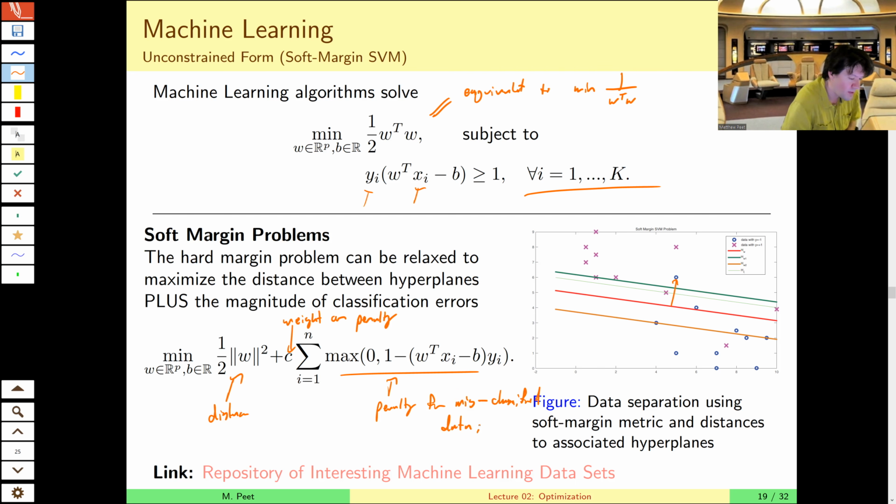Well, now it's sort of an unconstrained optimization, because we've moved this constraint. It's no longer a hard constraint. We've moved it into the objective, which means we can violate the constraints, but we have a penalty for doing so.